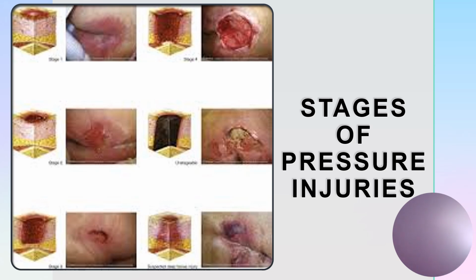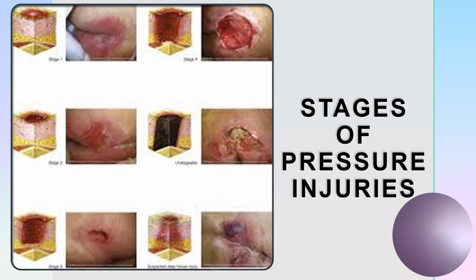So in other words, that clear or clear yellowish fluid that is now filled with blood. That would be a DTI. If that DTI were to open, then we would have at least a stage 3 pressure injury. However, a lot of those DTIs are going to resolve without ever opening.